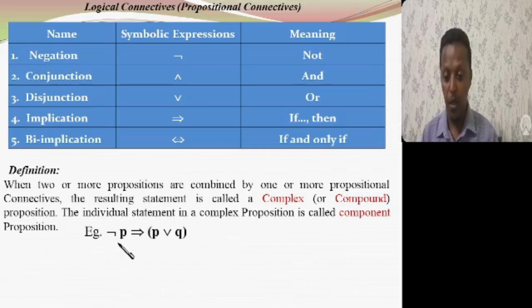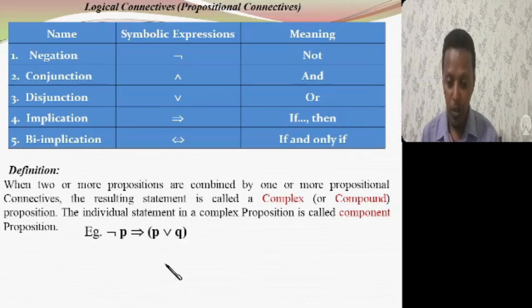For example, negation P implies P or Q is a good example of a compound proposition. In this compound proposition we have 2 components, P and Q. So P and Q, they are what? Components.